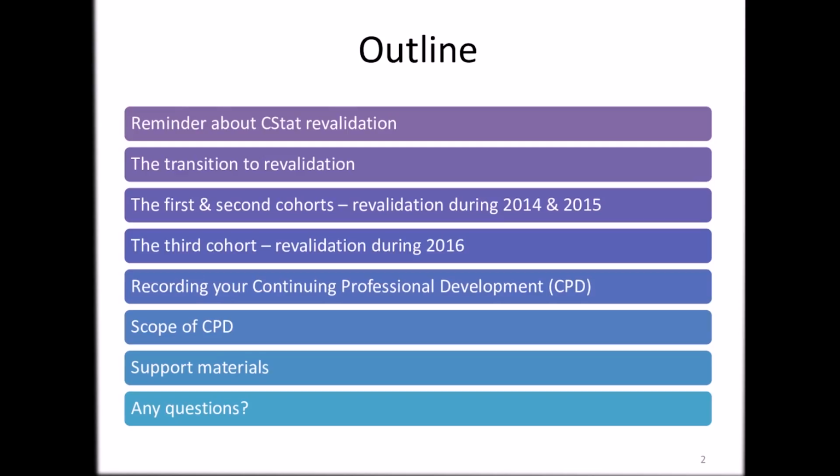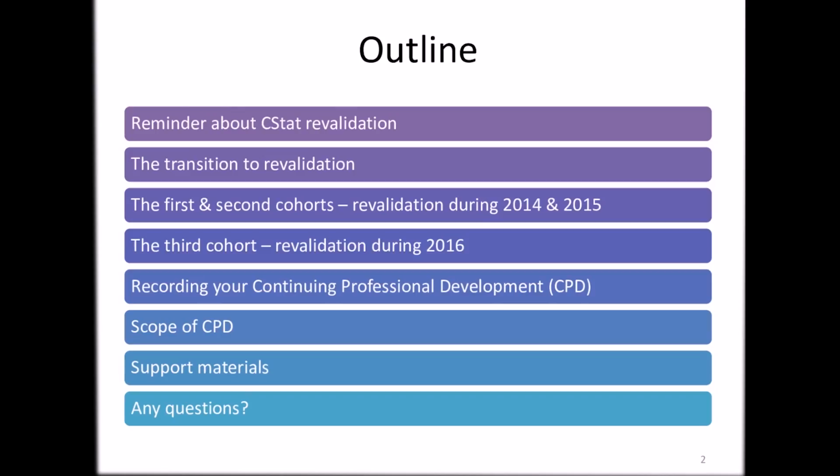We will then go into some detail on the revalidation process being adopted in 2016 for the cohort who have a revalidation date of the 1st of January 2017, referred to as the 3rd cohort on the slides. Revalidation is based largely on continuing professional development, so we will then say a little about the recording and scope of CPD, and this is the aspect about which most questions are raised.